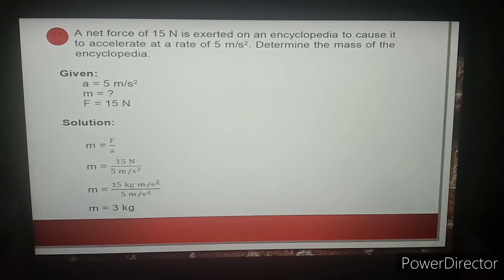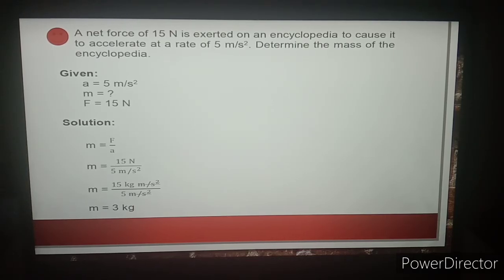Maaari pong mag-iba yung mga units na ginagamit natin depende sa system na given. Dun sa tatlong given ko sa inyo, kung matatandaan ninyo, lahat ng system na ginamit ko is MKS. So, just be careful in determining the system being used in the given word problem.